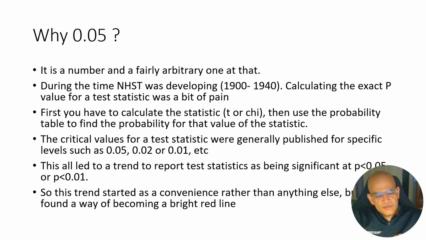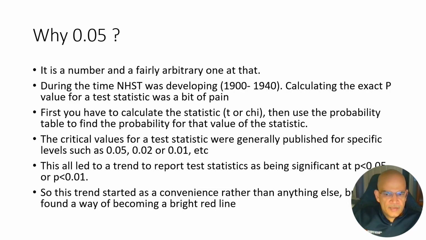So you have to go back to the theory in the 1940s, and even when I was doing medical education in the 1990s, you would do this test, and then in the back of the book they would have the tables, and the tables would have a p-value for 0.05, 0.02, 0.01.